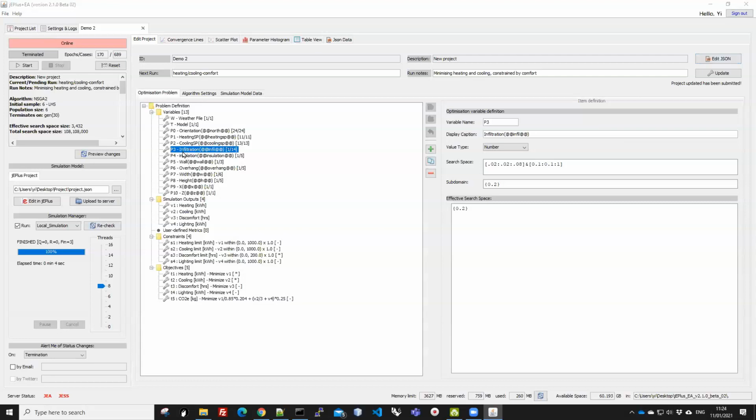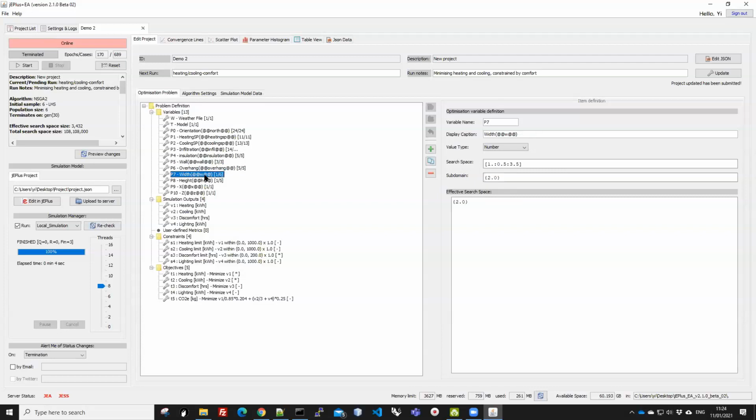To do that, you just need to remove this filter in the subdomain, and this will let you have all the parameter values, all the design options that you have in the project, and give you the full 100 million different possibilities. And for that, we can actually run now, call it full.